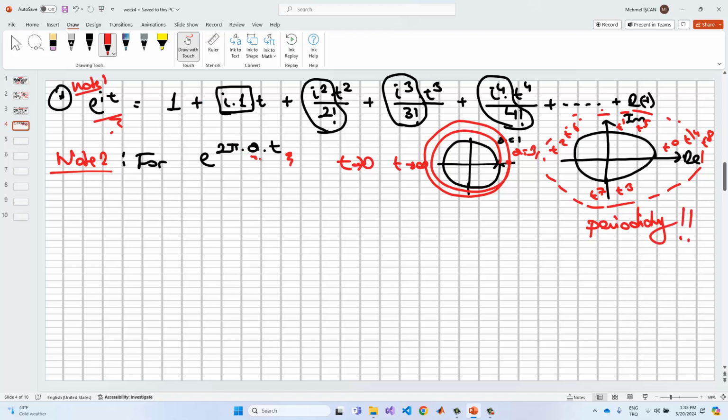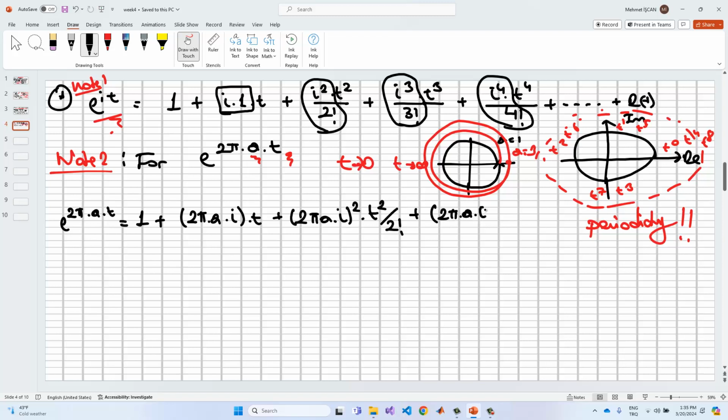And so, if we take new coefficients in here, just like this one, then we can build e^(2 pi a i t), which is equal to what? 1 plus 2 pi a i t plus (2 pi a i)^2 t squared over 2 factorial plus (2 pi i a)^3 t cubed over 3 factorial and so on.